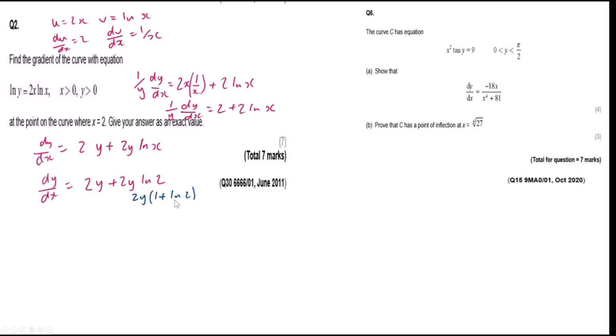Now you can factorize this here, because now you're thinking, why have I thrown in a 2 here? But it says when x is 2, so we know x equals 2.